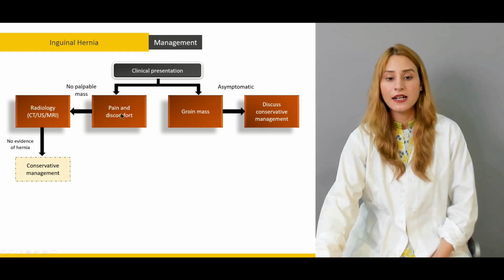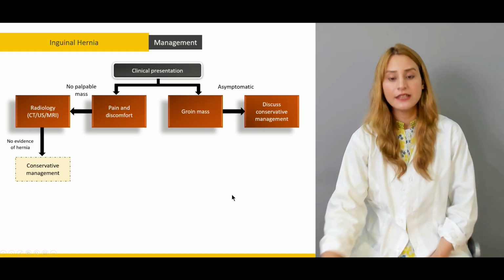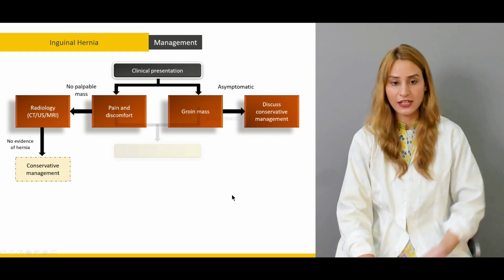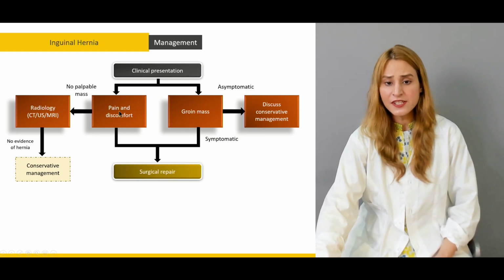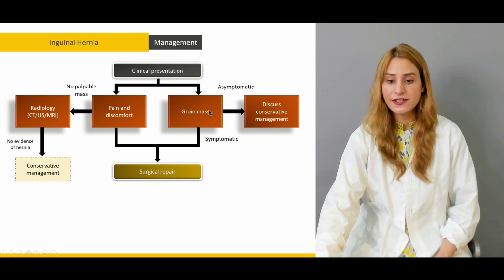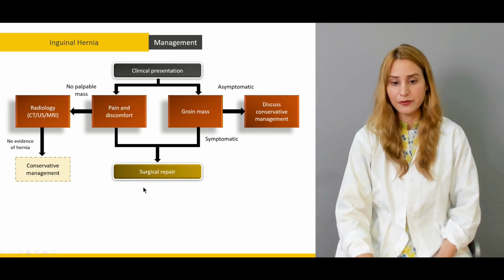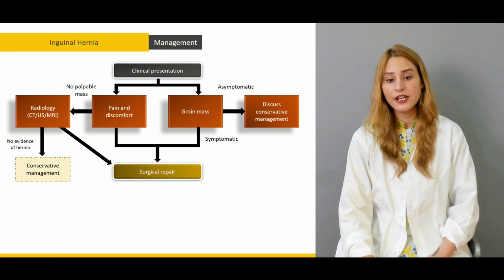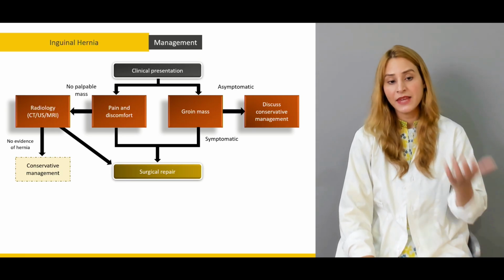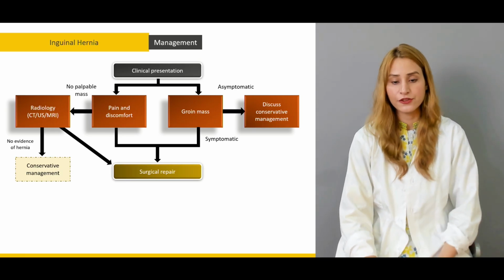If there is pain and discomfort, and there's no palpable mass, and there is no evidence of hernia, then you manage it conservatively, right? If there's pain and discomfort and a growing mass, you go for the surgical repair. And if there is evidence of the hernia, you also go for the surgical repair.